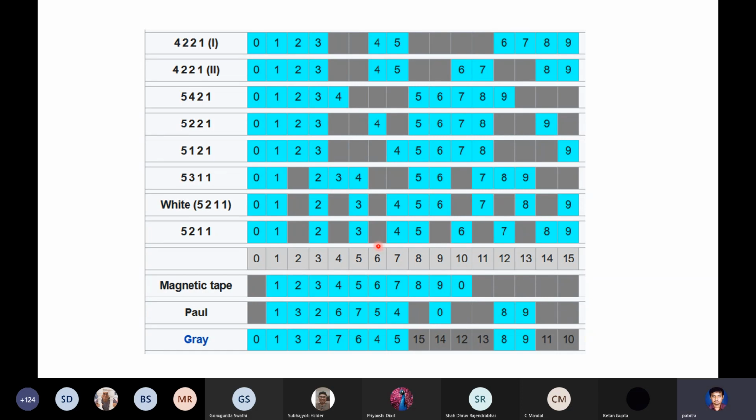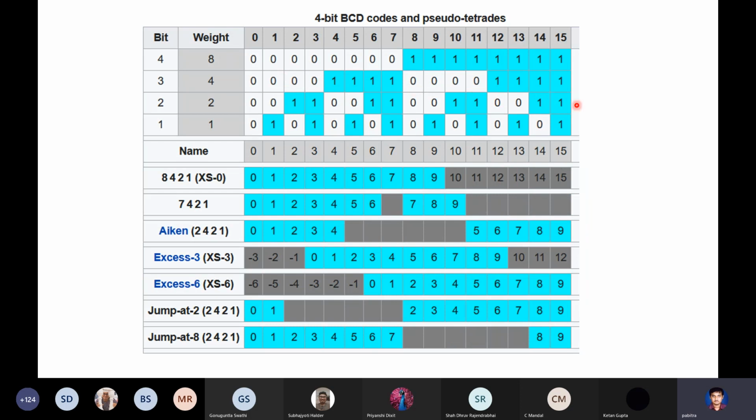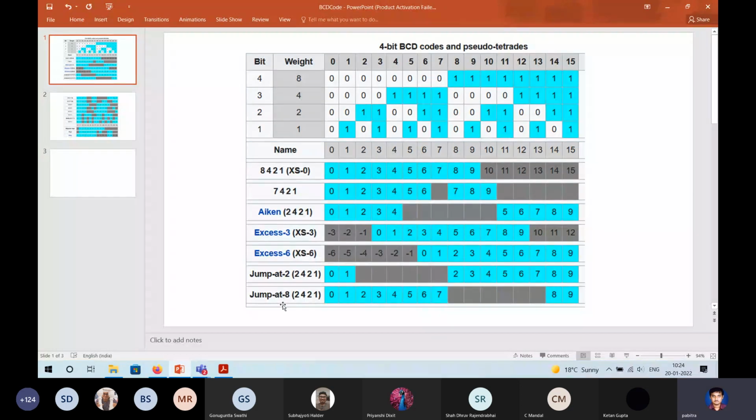I think the idea is simple: you have 16 tetrads and you have to map which tetrad will represent which decimal digit. The most common is 8421 BCD, where the first 10 are used. Sorry, not 9, you have 10 decimal digits to represent. But that's not the only possibility. You can have other things as well.